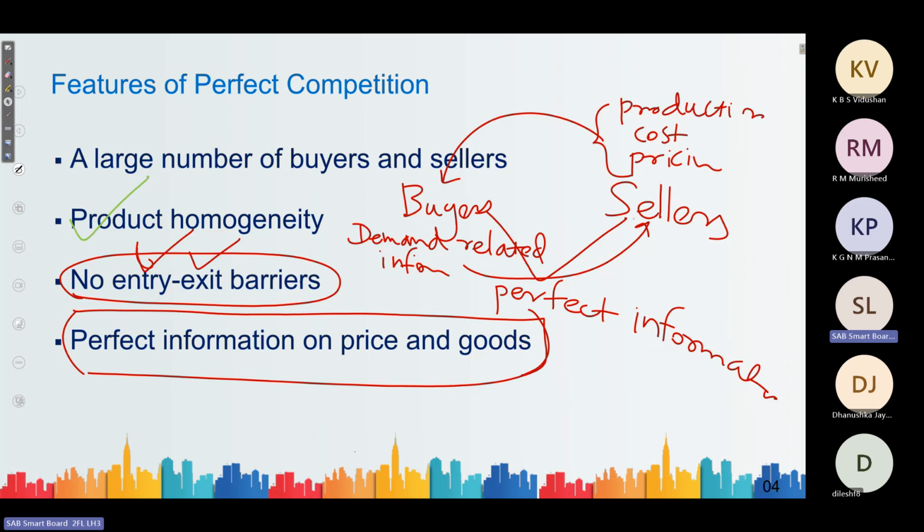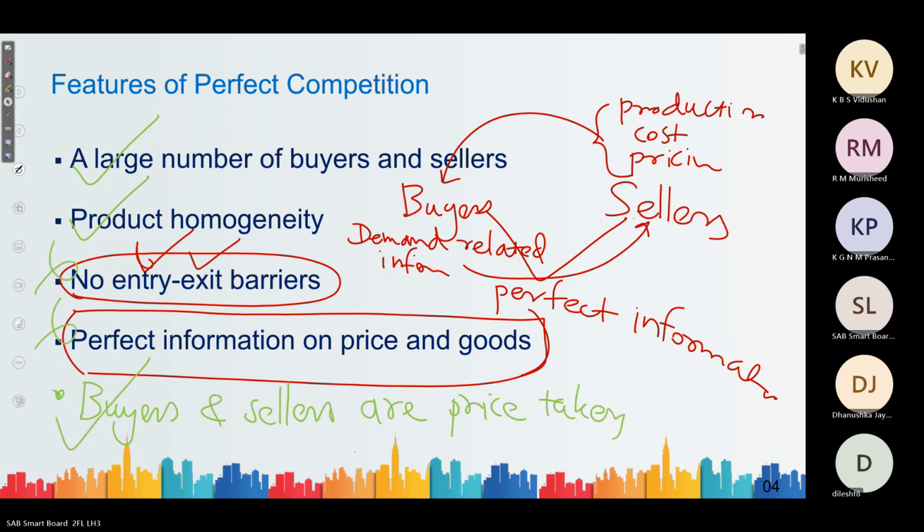Large number of buyers and sellers, yes, of course, there. And the other feature, both buyers and sellers are price takers, is also there, but these two features are lacking.